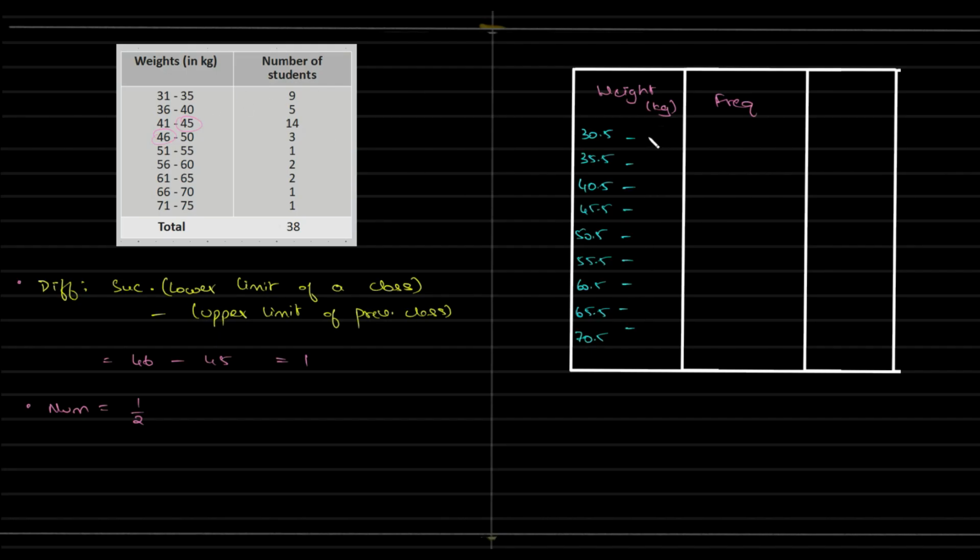So the upper limit will be 35.5. Can you see that? Now it became continuous. 40 plus 0.5 is 40.5, 45.5, 50.5, 55.5, 60.5, 65.5, 70.5 and 75.5, and we have the frequencies 9, 5, 14, 3, 1, 2, 2, 1, 1, and the total is 38.